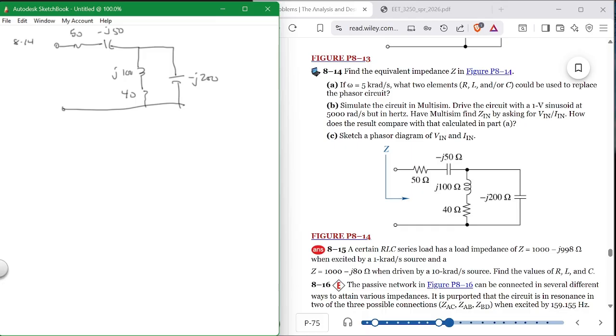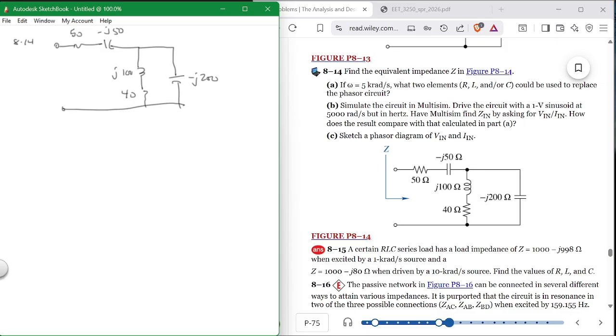It's 50 minus 50i plus 1 divided by parenthesis 1 divided by parenthesis 40 plus 100i in parenthesis plus 1 divided by minus 200i in parenthesis equals, and I got it wrong again. It takes me a while.